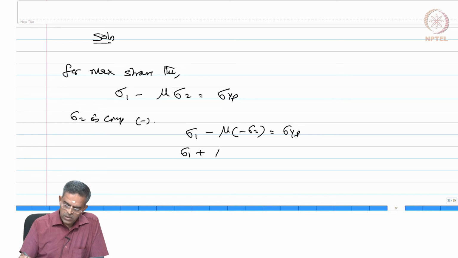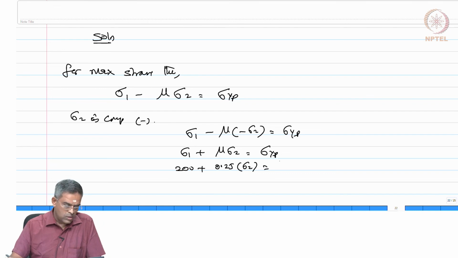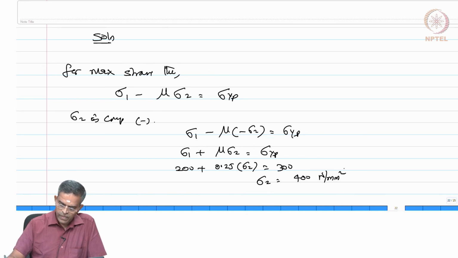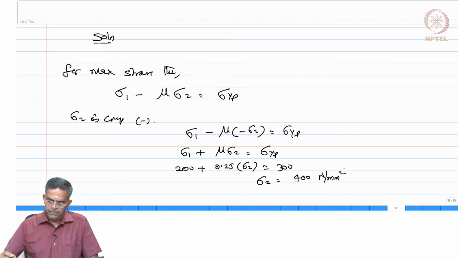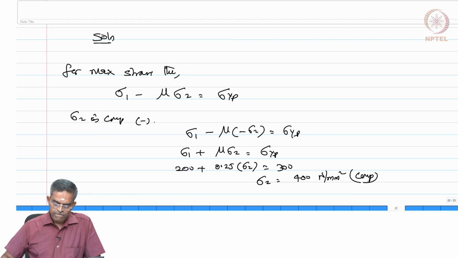So, sigma 1 plus mu sigma 2 is sigma yp. So, sigma 1 is known and mu is known, sigma 2 is not known and sigma yp is known. I can solve this to get sigma 2 as 400 compressive, okay, when I use this first theory.